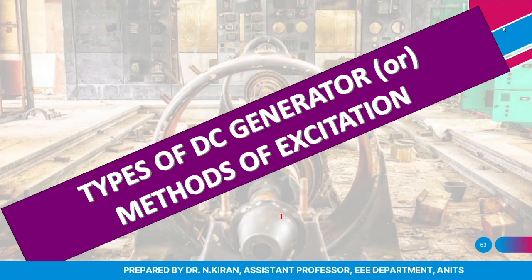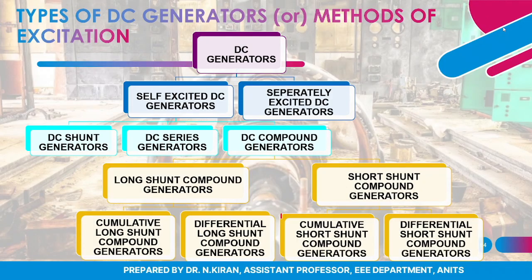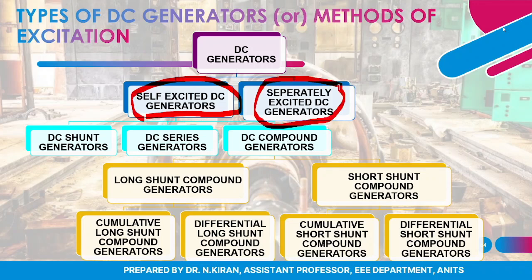DC generators are classified into two categories: one is self-excited DC generator and the other is separately excited DC generator. Self-excited DC generators are further classified into three categories: shunt generator, series generator, and compound generator.